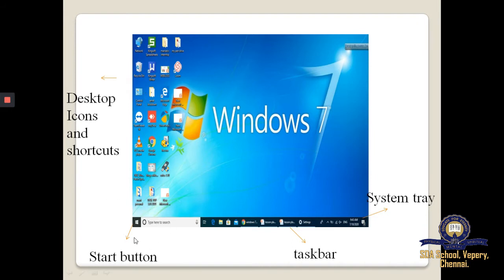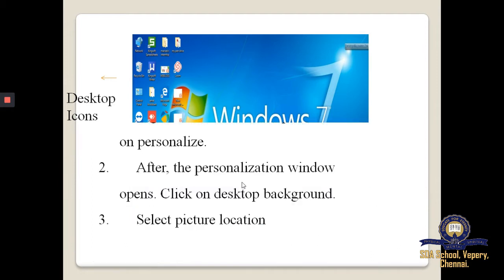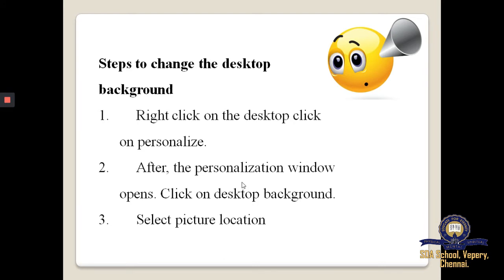This is the start button, this is the taskbar, and this is the system tray. It contains the time, date, and speaker. This is called the system tray, and this is the taskbar. These are the parts of the Windows desktop.